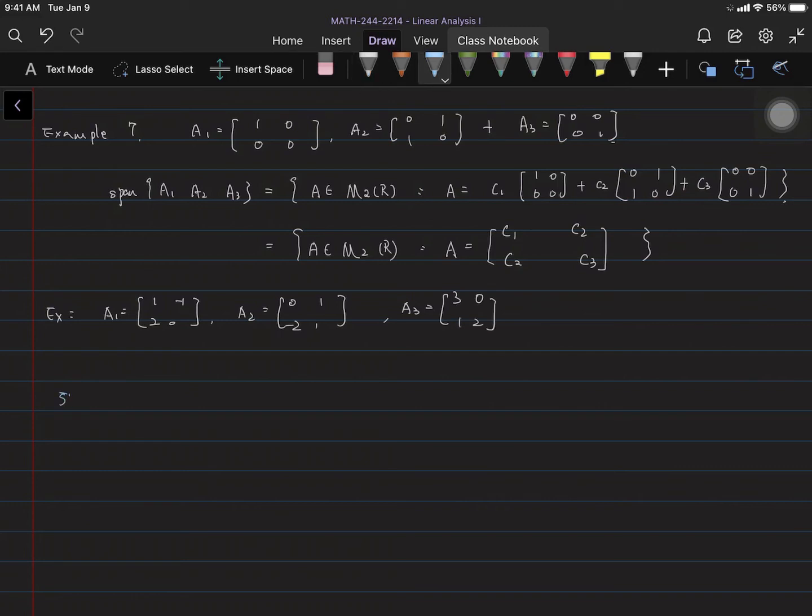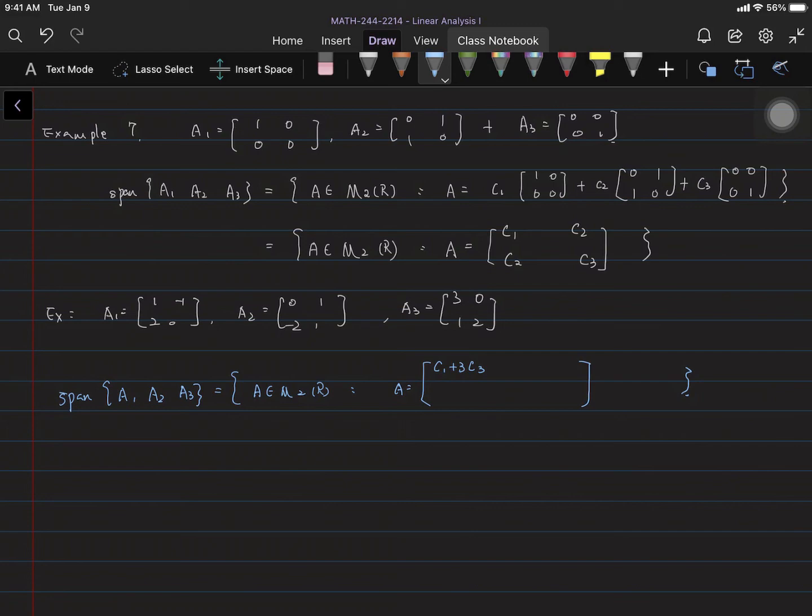I'm going to write this down directly. The span of A1, A2, A3 equals all the matrices belonging to M2R, where A equals the following. Look at the first position, it should be C1 plus 3C3.